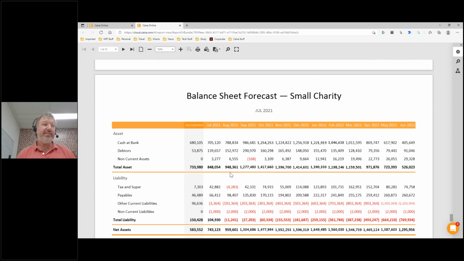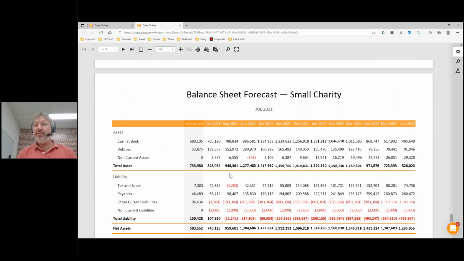And then again, the balance sheet forecast, understanding that balance sheet, what's happening. And I usually advise non-accountants when they're looking at that balance sheet forecast, because they can look blankly at it the first time they look at it, to just look at the opening balance and then the expected closing balance, and just do a reasonableness test on it. You know, our debtors are going from 53,000 to 91,000.